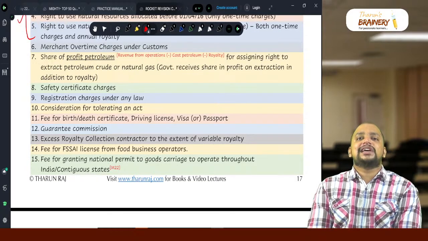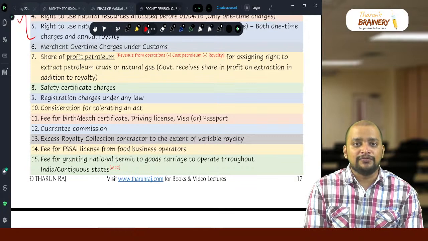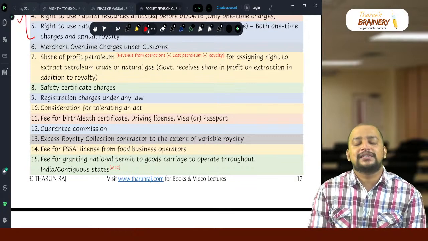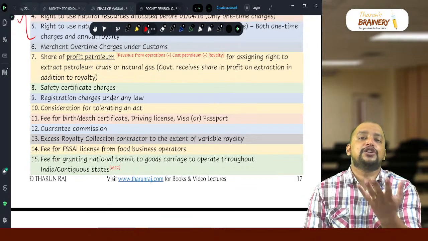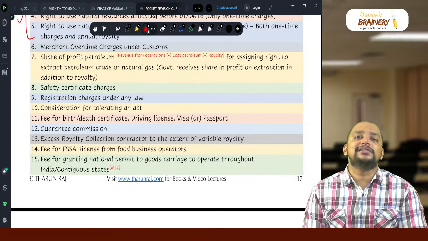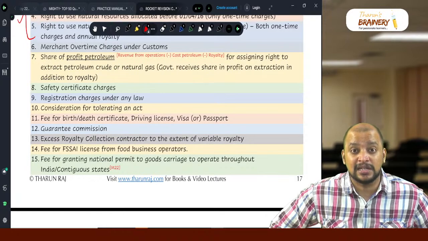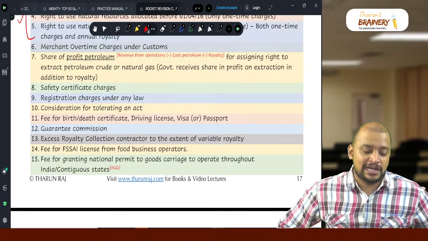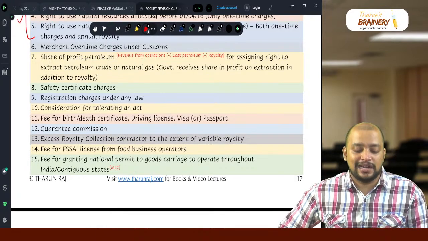Then registration charges under any law for the time being in force. So registration charges, for example, to incorporate a company, we need to pay ROC charges, and for getting the property registered, we need to pay some registration charges. For vehicle registration, we pay some charges. That registration charges under any law is exempted.